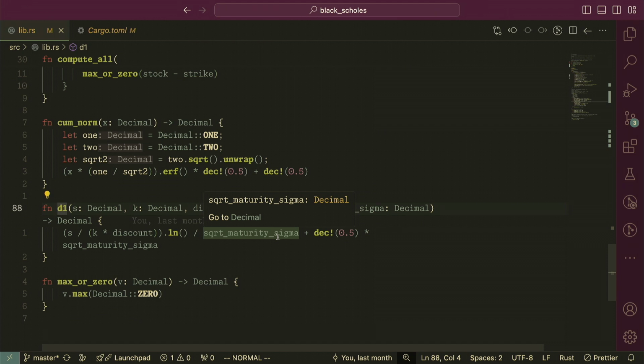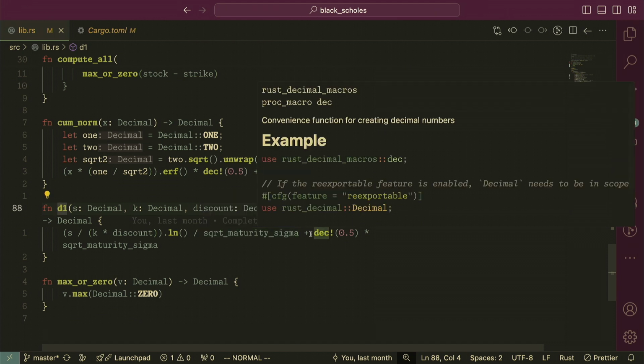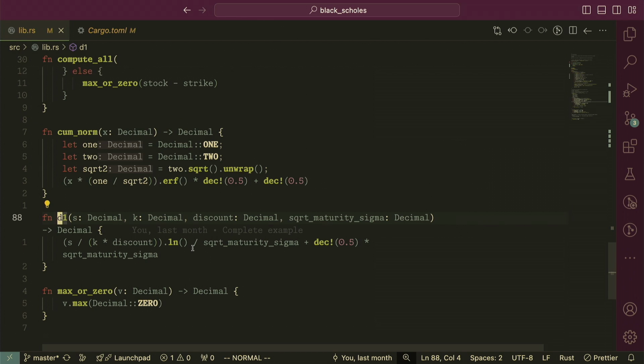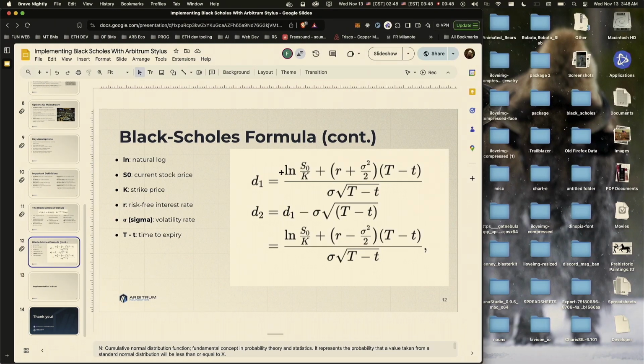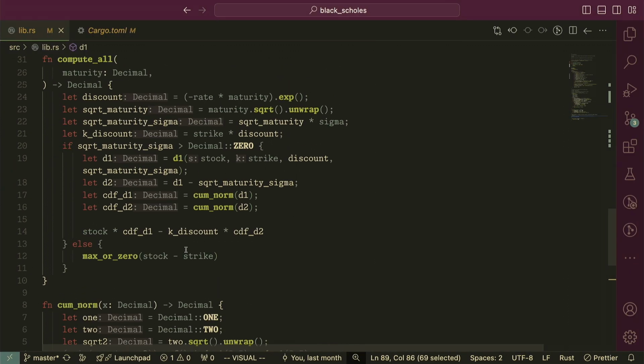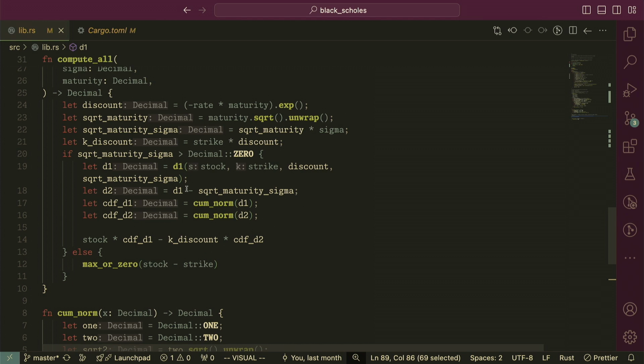It's square root of T minus T times the sigma plus 5% times the square root of T times sigma to compute the D1. And again, this is just porting this math formula over directly right into Rust. Then D2 is just D1 minus this.